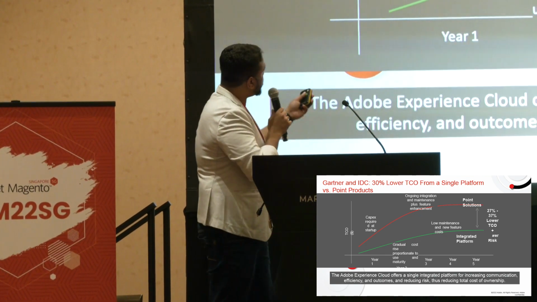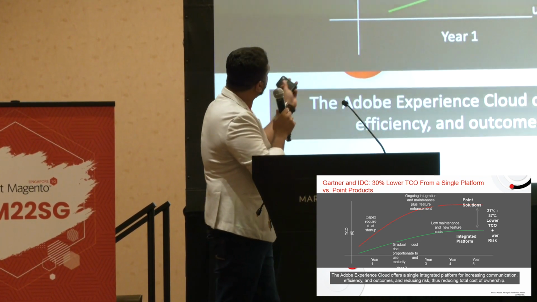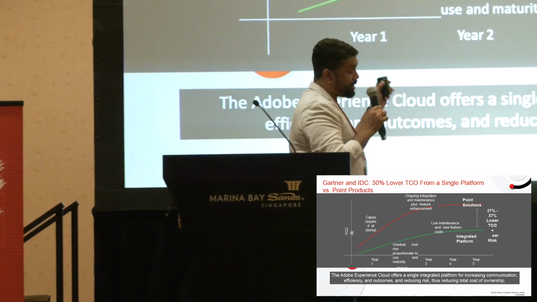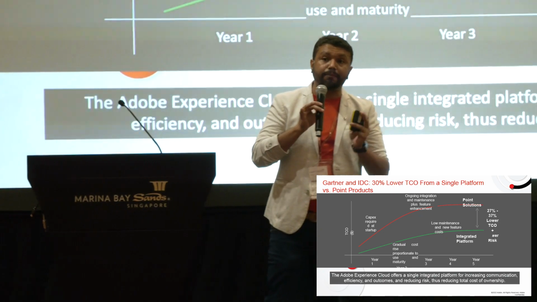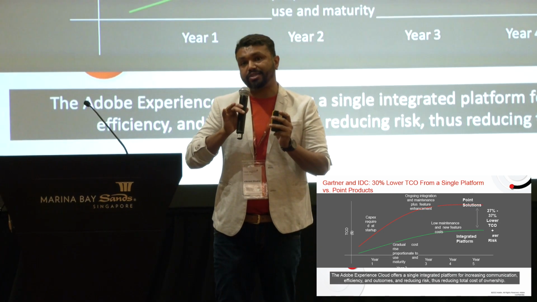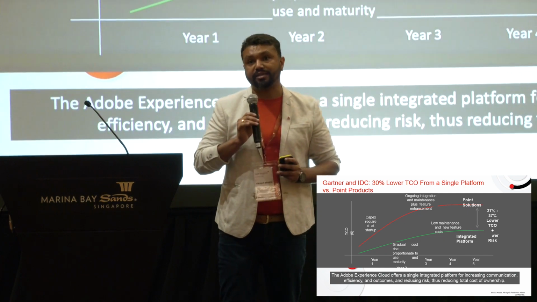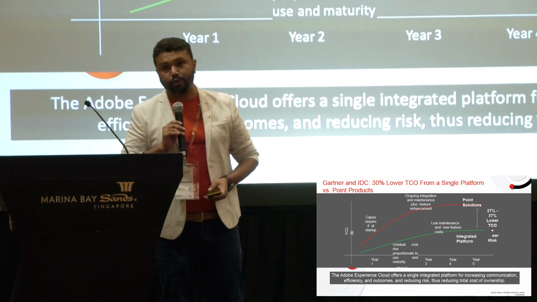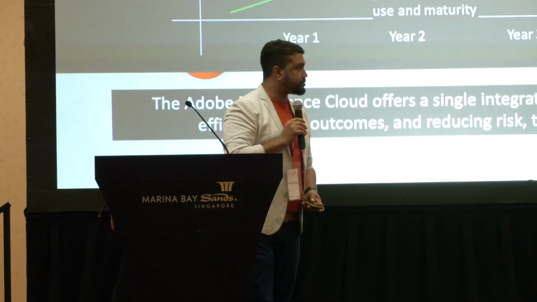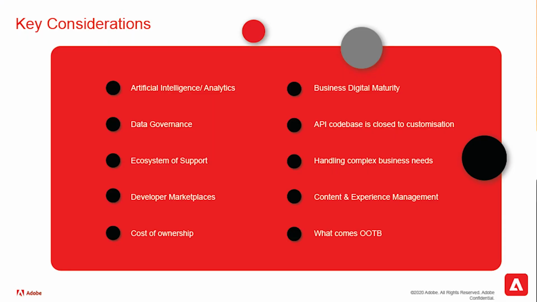And if you see, the total cost of ownership over a longer period is higher if you go with a composable story, and is lower if you go with one architecture wherein you can fulfill all those things. And this is a Gartner report. Because then you're using one vendor to fulfill everything. This is where we need to consider.